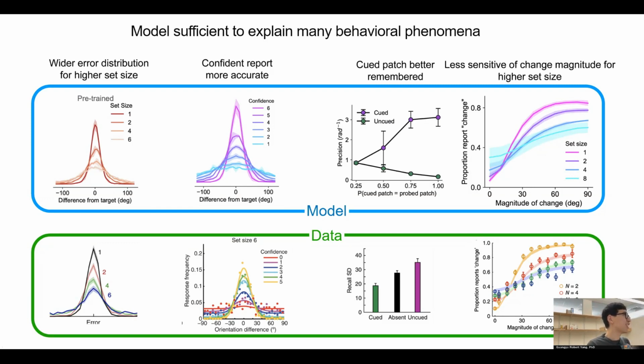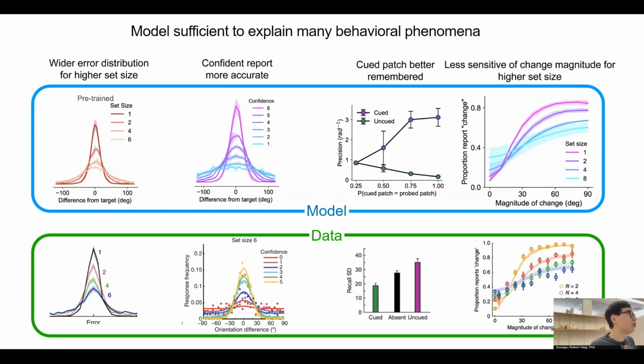Working memory is thought to be intuitively a cognitive phenomenon, and that if you have a limit, it must be a cognitive bottleneck. We're able to see that we can actually explain it to some extent using just a realistic visual system.